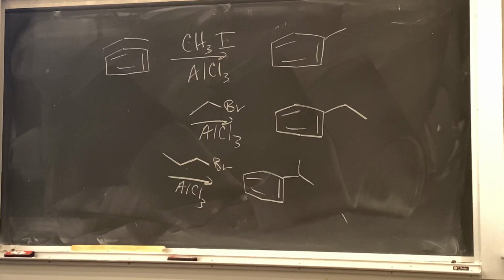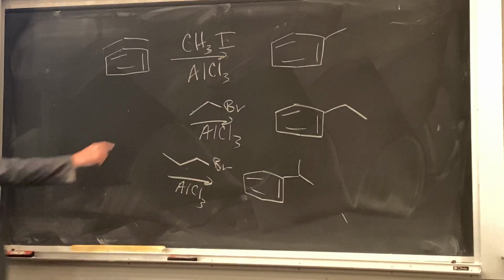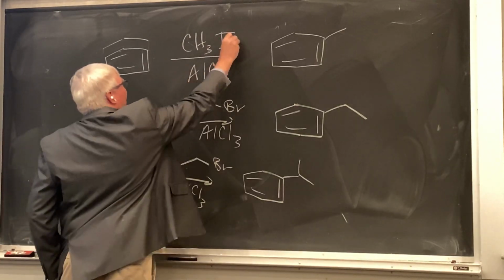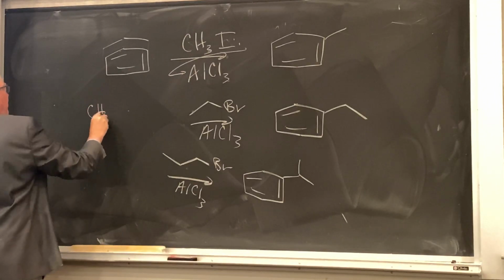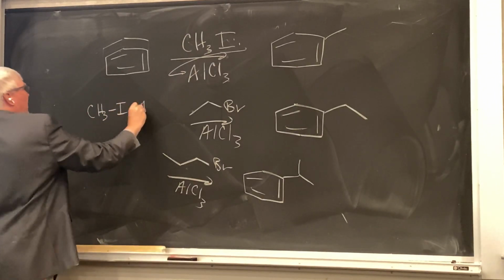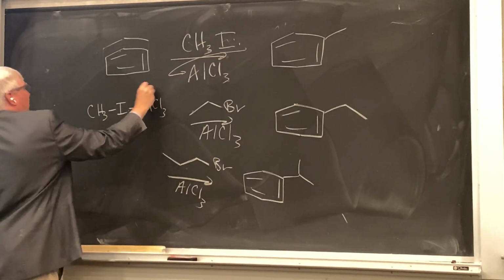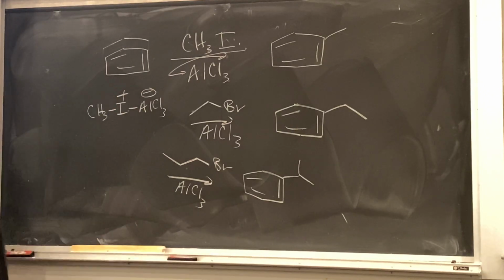This one gives us some extra stuff. Let's look at these two here. Let's take the lone pair here, coordinate with the Lewis acid. What do we get? The iodide, the aluminum, and what's our charge there? And our charge is on iodide. So there's our intermediate. There's our true electrophile for the primary ones.